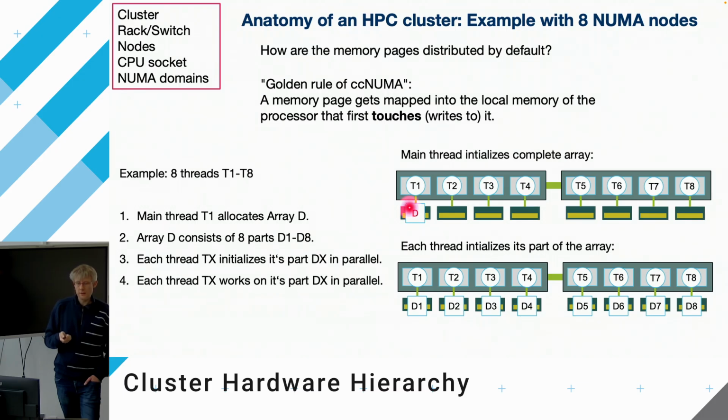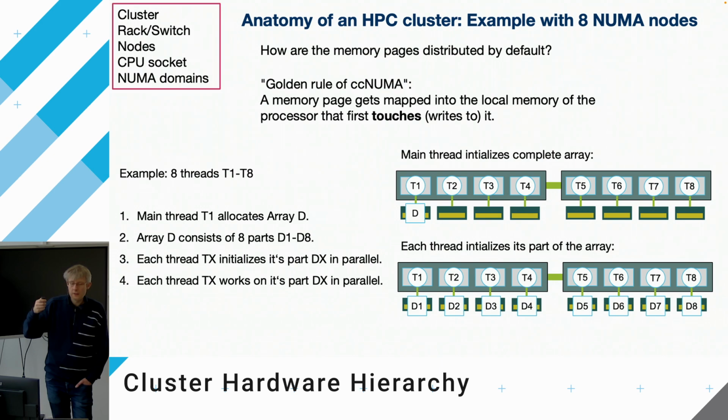And initialization means that I'm then writing it, for example, to zero it out to prepare it for calculations. When the first reading or writing to a memory page happens, then the operating system will decide that it will go to a certain place. And because the main thread is initializing the complete array, it will go, for example, in only this memory region here.